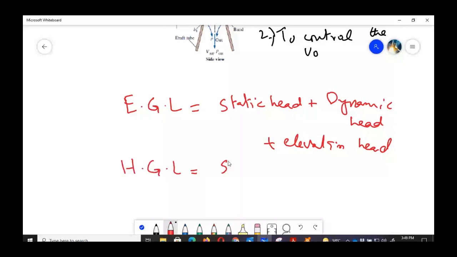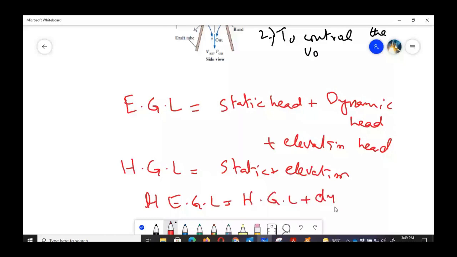So we can say that EGL is equal to HGL plus dynamic head. I think you must have gone through this concept in FM1. Okay, so this was it.